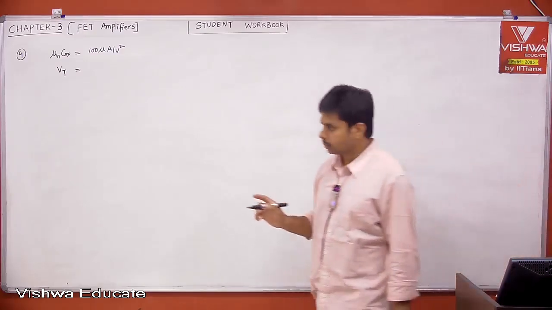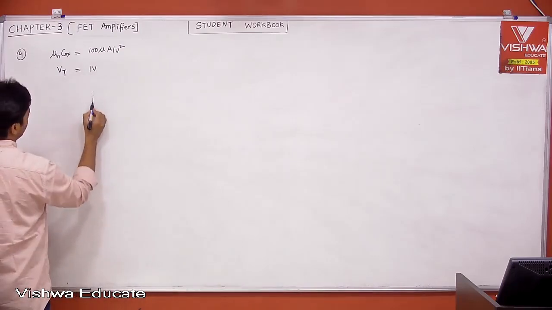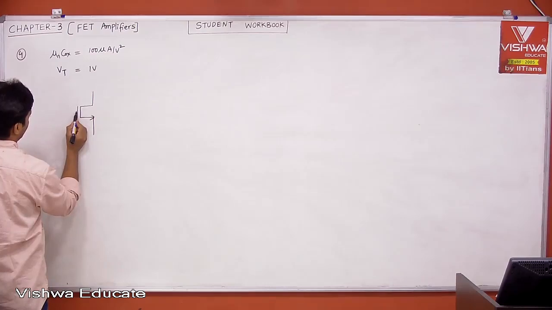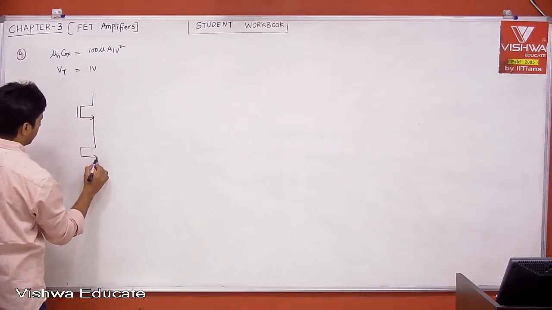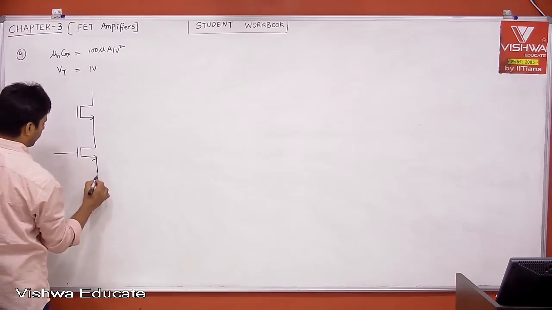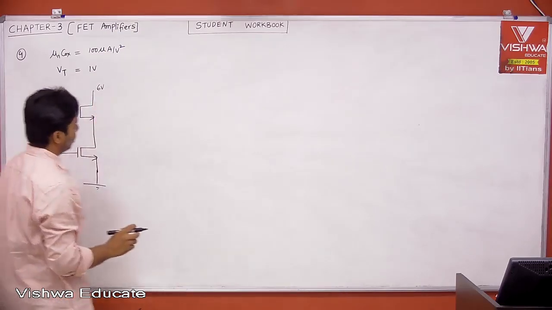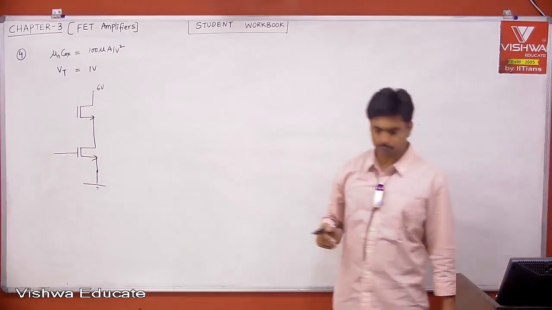The options are 4, 1, 5 volt, 6 volt. Then the circuit is this, which is 6 volt. Vx 5.